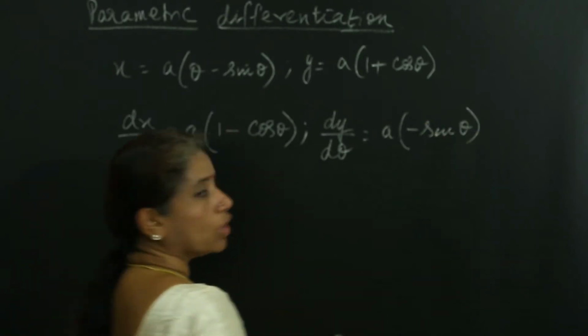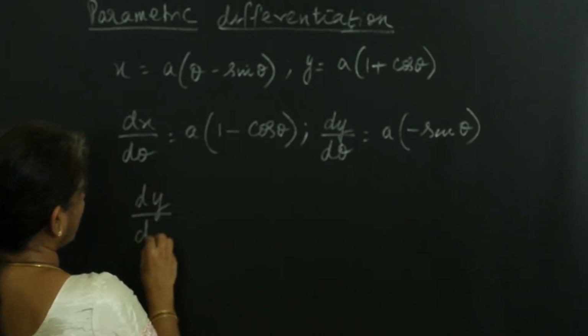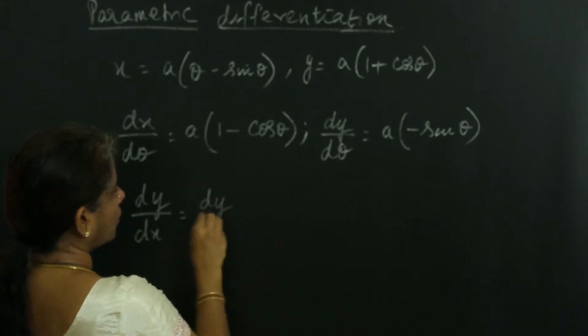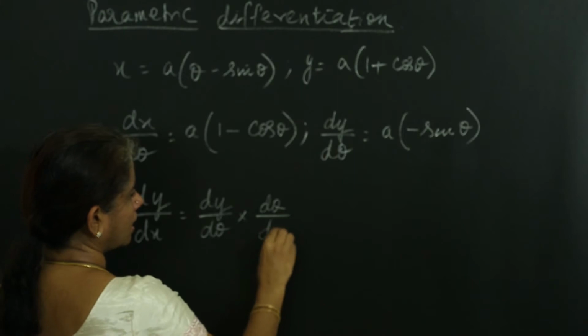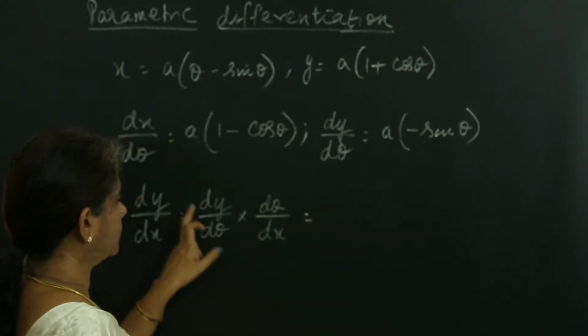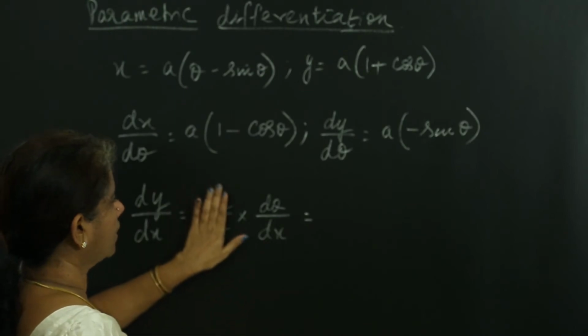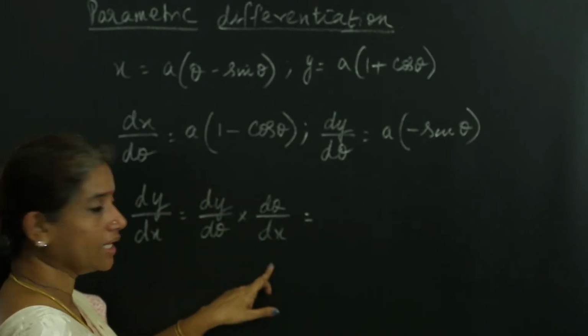So derivative of cos theta is minus sin theta. So basically I want dy by dx because we are supposed to differentiate y with respect to x. So dy by dx is nothing but dy by d theta into d theta by dx. So this is basically like d theta cancels, but we do not cancel it. It is derivative of y with respect to theta and then d theta by dx.